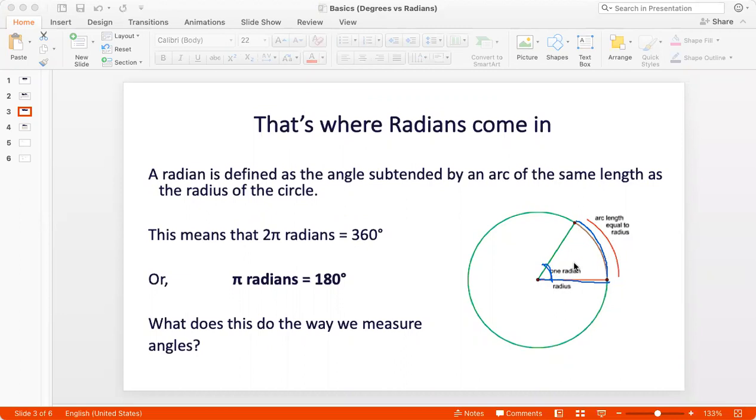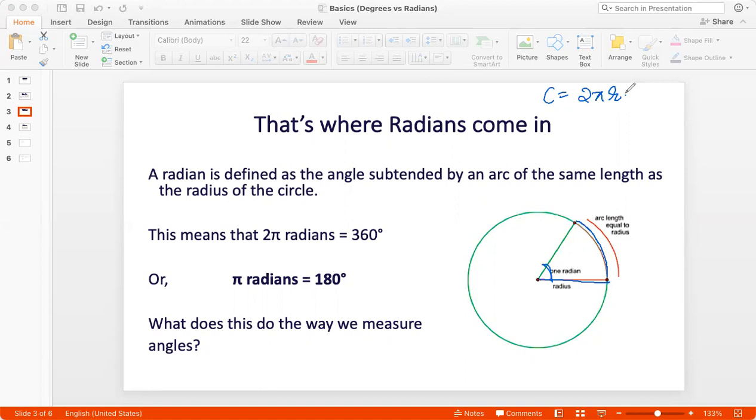If I move through the entire circle, what will be the circumference? The circumference would be 2 pi r, right? And how many radians would that capture? That would capture 2 pi radians, because if I move through the circle's entire length, then the arc length is 2 pi r.